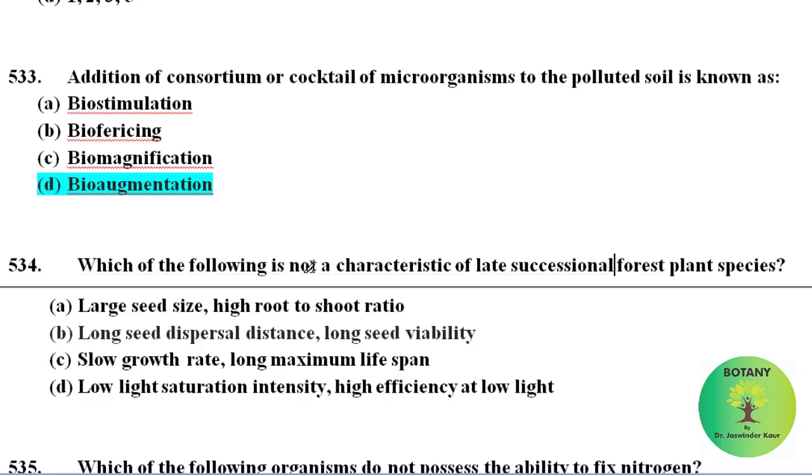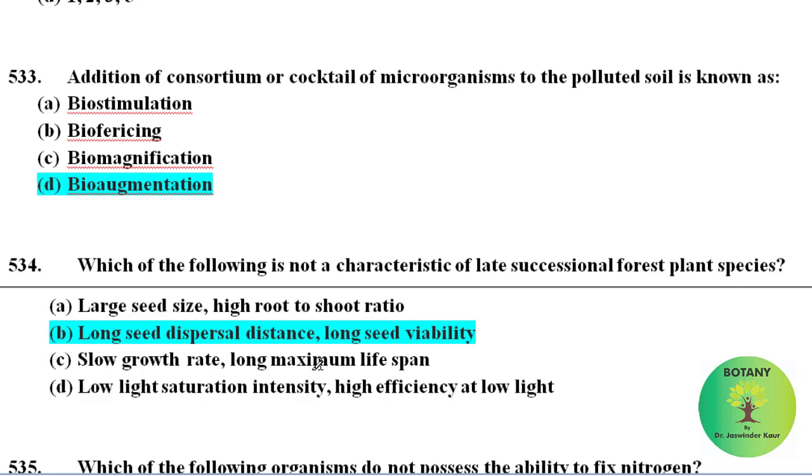Which of the following is not a characteristic of late successional forest plant species? Here we have to find the characteristic that is not present in late successional forest plant species. Large seed size, high root to shoot ratio, this is present. Long seed dispersal distance and long seed viability, this is incorrect.